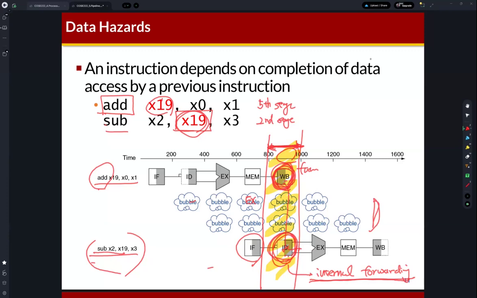This is actually a significant waste of clock cycles, right? Because as I mentioned, we frequently observe data dependencies in our applications. So this is a very critical performance issue in the pipeline architecture.